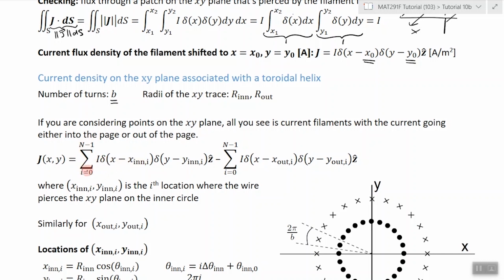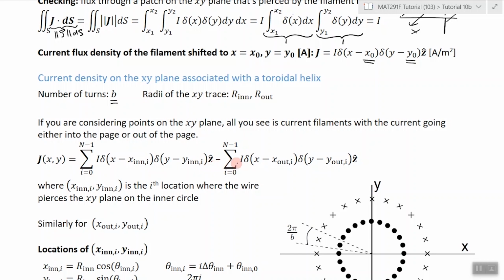So you have n filaments piercing the xy plane on the inner circle. You see they're indexed from 0 to n minus 1. The coordinates at which they pierce the xy plane are x inner i and y inner i.